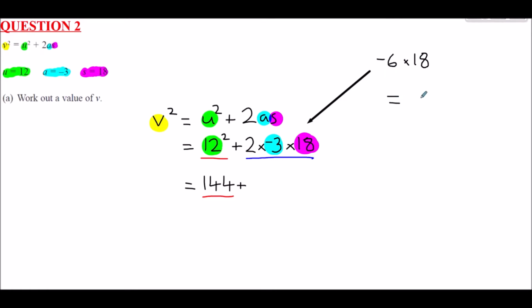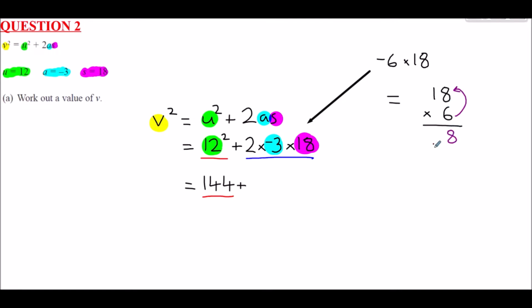So what we're going to do first of all is just think about what it will be as a number and then attach the negative onto it afterwards. So just think of it for now as 6 times 18, or 18 multiplied by 6. There's various methods for multiplying, so I'm just going to use this fairly standard one, column multiplication. So 6 multiplied by 8, that'll give us 48.